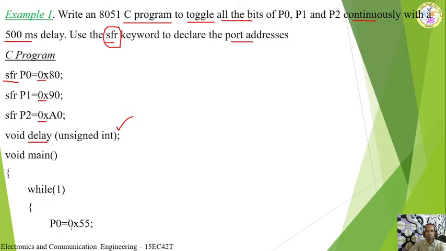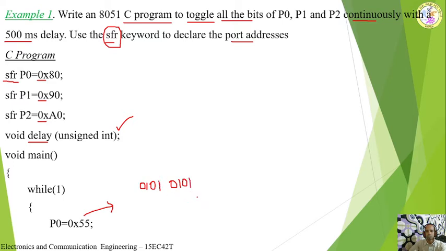Initially declare P0 is equal to 0x55. What is P0 now? P0 is nothing but port 0. I have assigned this address to the name port 0. Then P0 is equal to 55. What is 55 in binary? 5 is 0101, and again 5 is 0101.